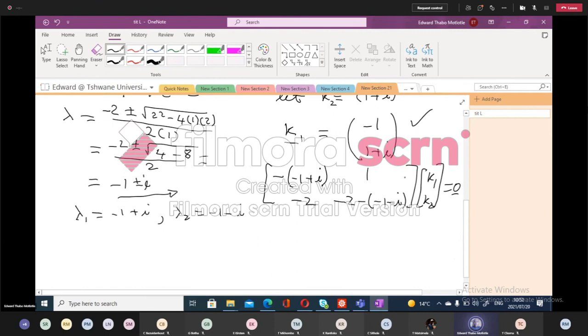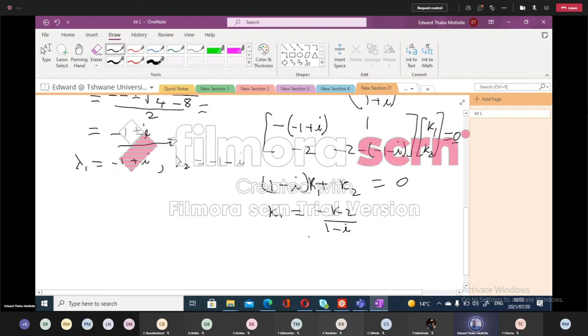So again, you can just use equation 1. So this will be 1 minus i, is that the case? Plus, this will be K1 plus K2 equals to 0. So you make K1 the subject. K1 is equals to minus K2 divided by 1 minus i.